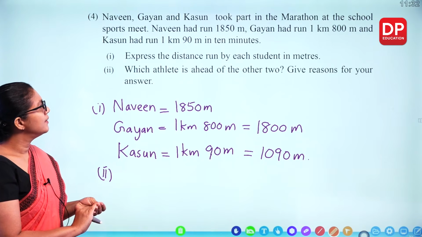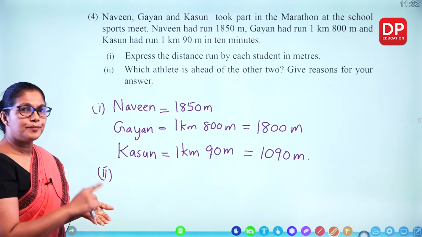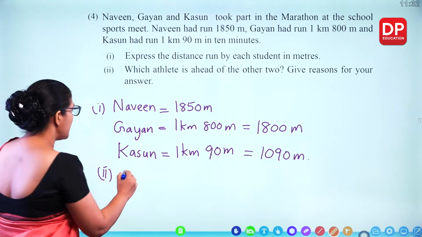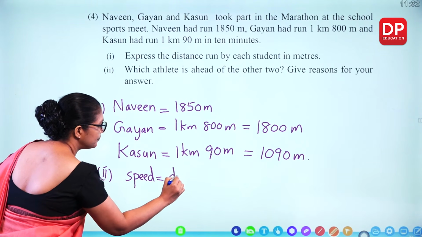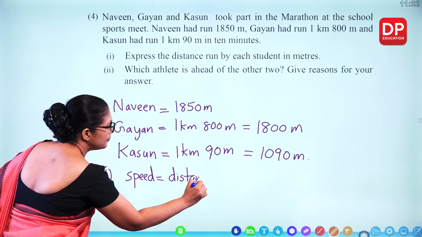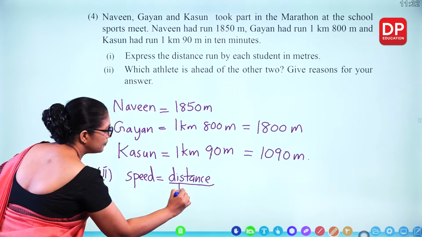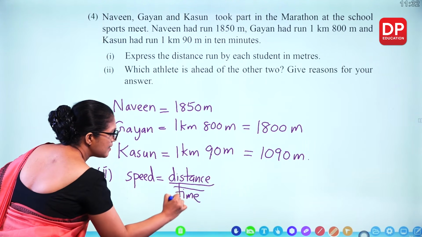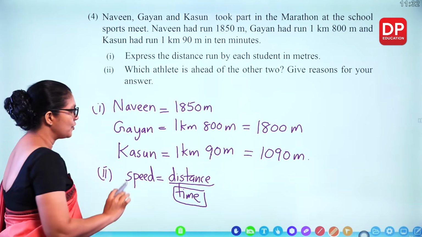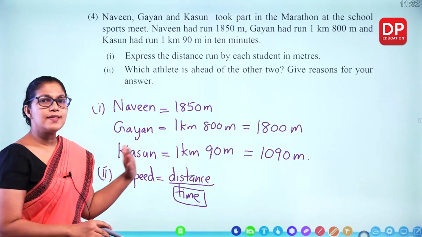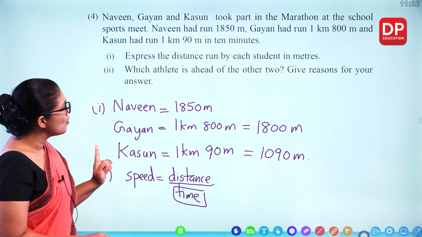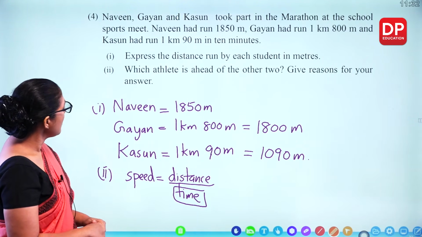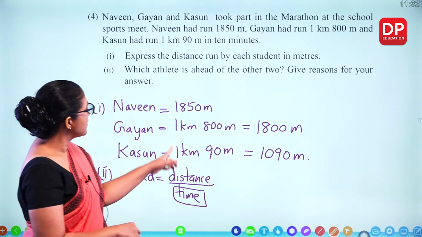Speed is the distance divided by time. When time is a constant value, that means when distance is more, the speed is more. So which athlete got more distance?